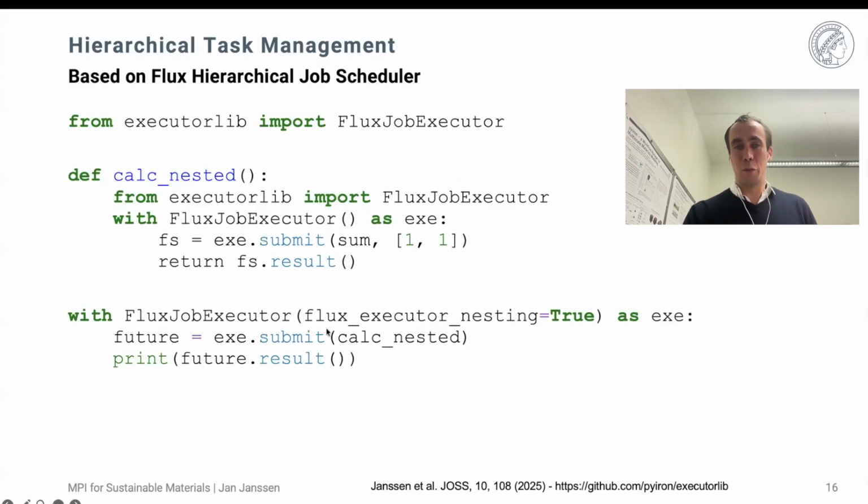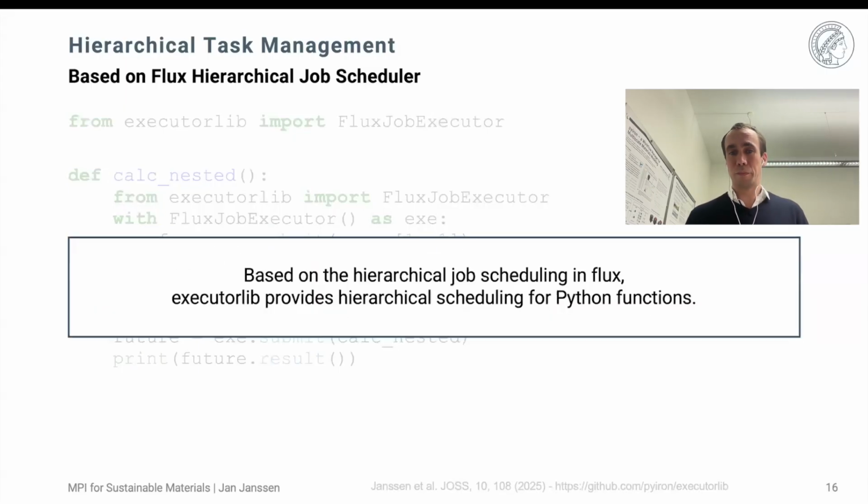So here I submit this Python function, and by adding this additional flag of nesting the executor, it starts another Flux instance in the resources that are given to this Python function, and then can use another instance of the executor to access the resources inside this nested executor. Right? So really being able to represent the full hierarchy that is used for this kind of complex workflows on large-scale computing, while still maintaining a rather simple structure for how we build the corresponding workflows on the Python side.